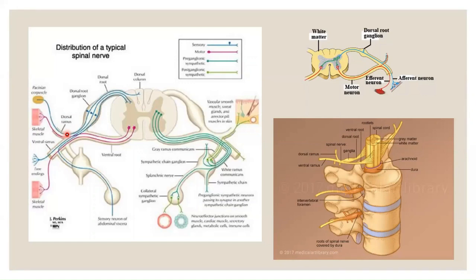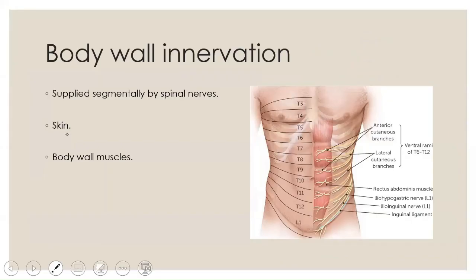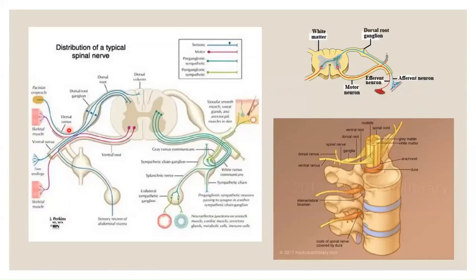Okay, so when you look at how the body wall is innervated, these posterior rami supply the skin of the posterior, the back area, and the muscles surrounding the vertebrae in the posterior aspect. And you have the ventral or the anterior ramus coming forward around the body.